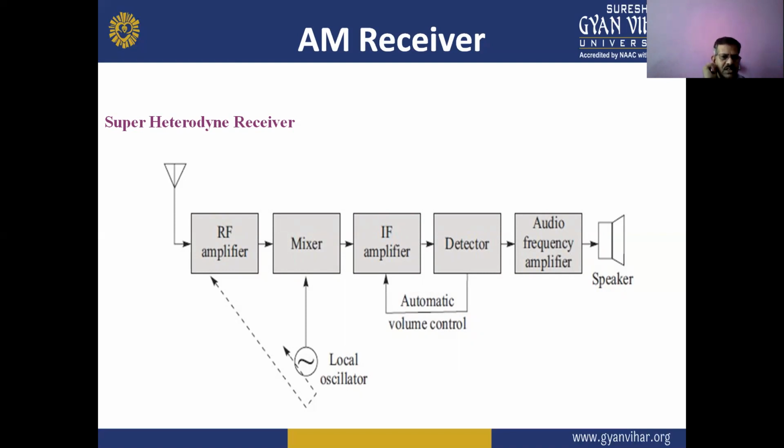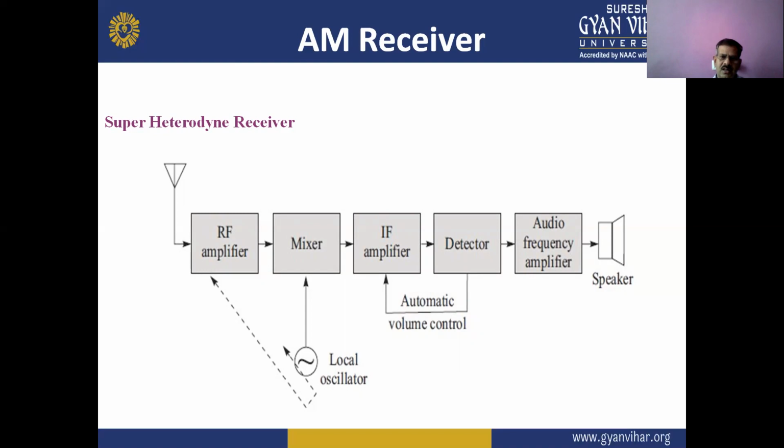A high frequency signal generated by the local oscillator is also applied to the RF amplifier. The outputs of the amplifier and local oscillator are applied to the mixer, and the output of the mixer is applied to the intermediate frequency amplifier.